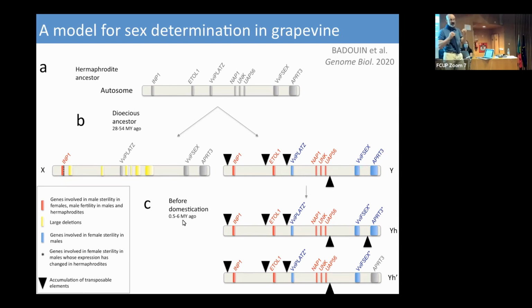So what we think is that these mutations were standing variations. They were already in natural populations, and the first grapevine breeders picked those mutants in the population because they were convenient to get fruits.